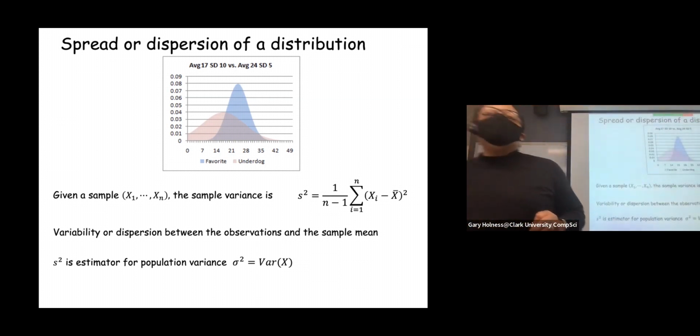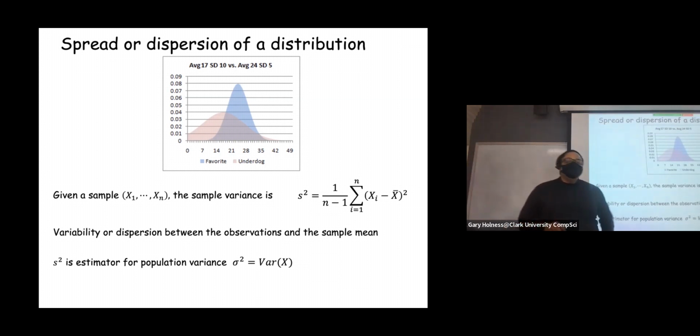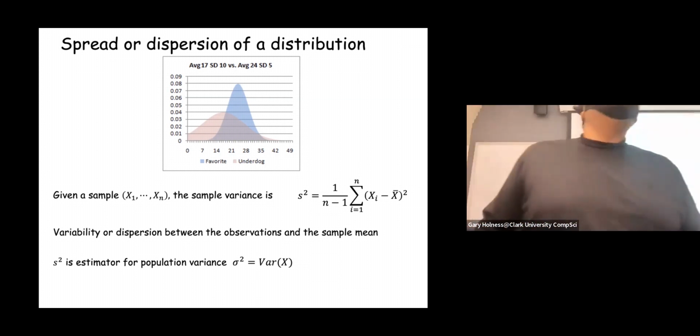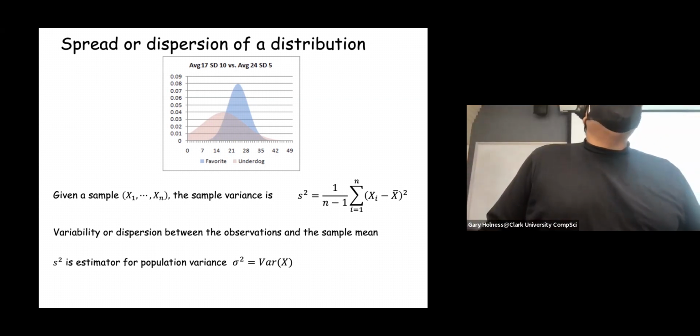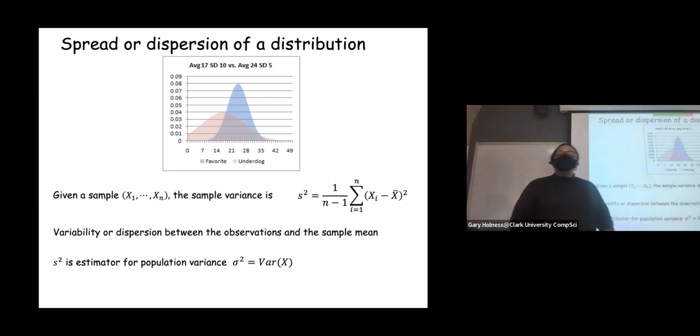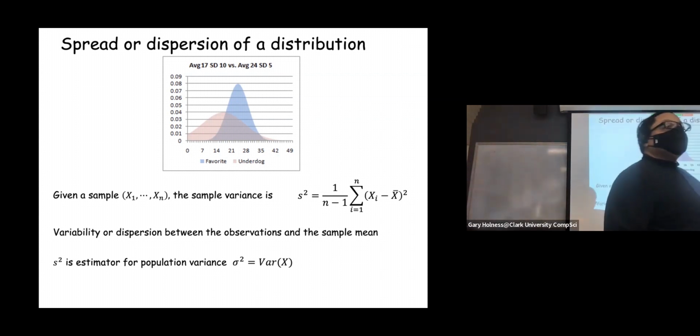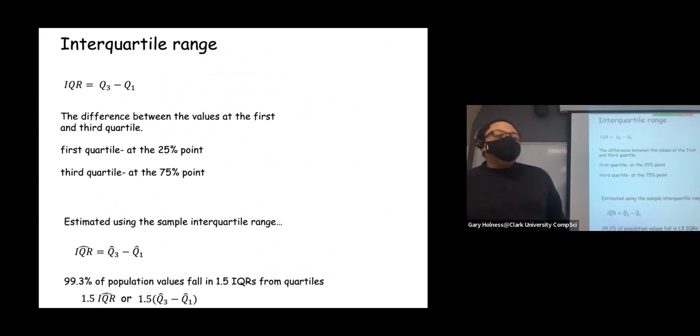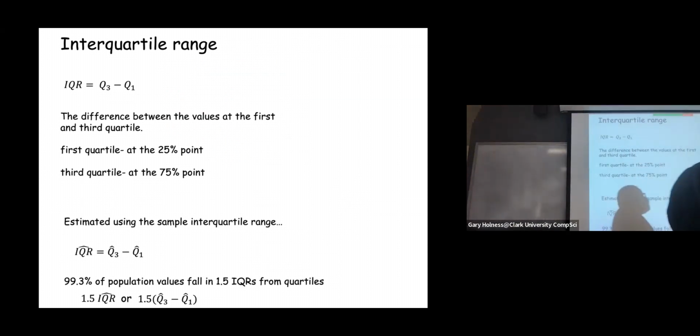It's a really good mathematical guess that you can confidently use in place of not knowing this ground truth dispersion measure or variability measure floating out in the population. Any questions about this? No questions? That makes sense? Okay.